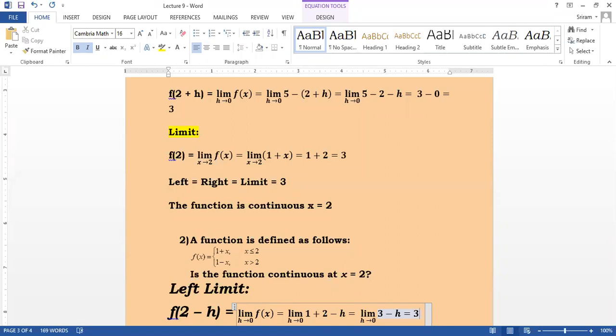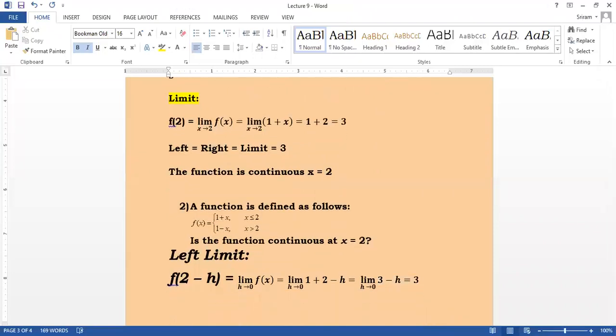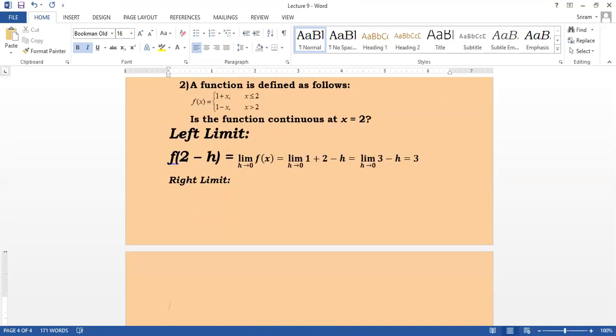Next, I am going to find the right limit. What is the meaning of right limit? We are going to find f of 2 plus h. Which function is having 2 plus h?